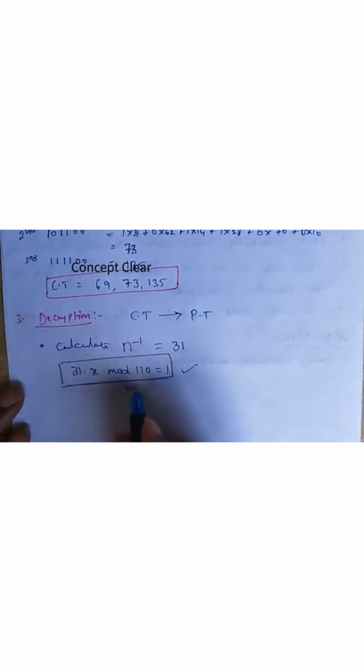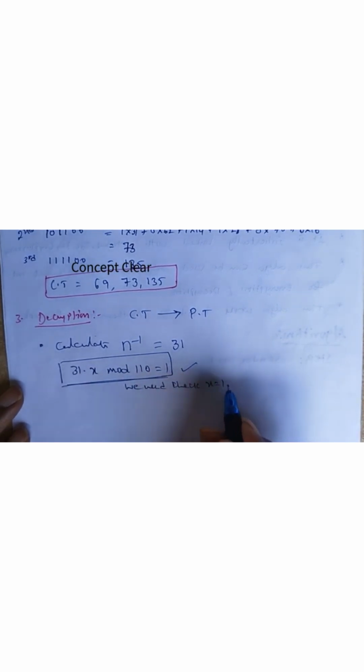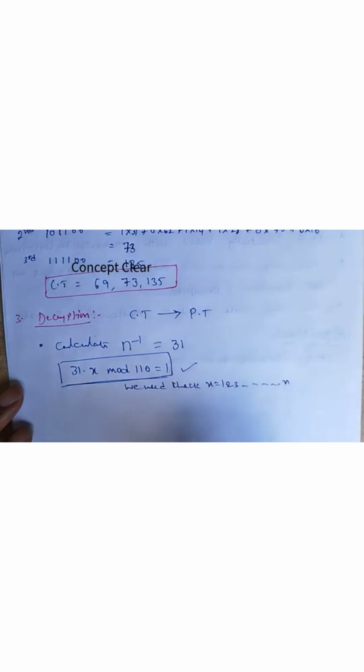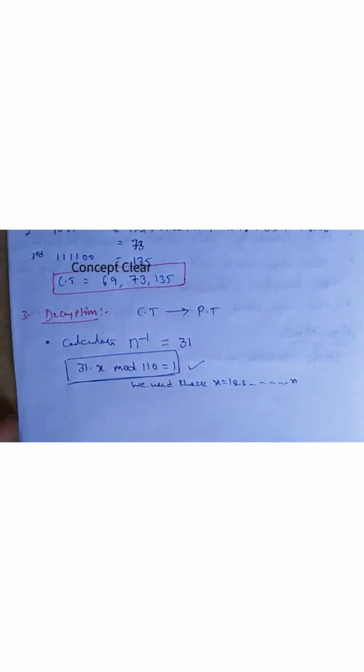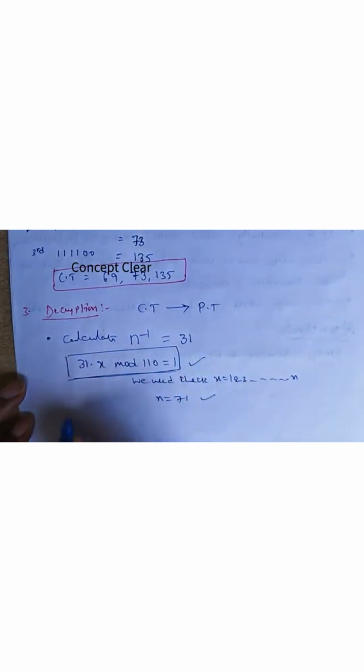Here we need to check x value equals 1, 2, 3 up to n, where the condition will be satisfied. For time being I am telling you the value that satisfies it. So what is the x value? 71.